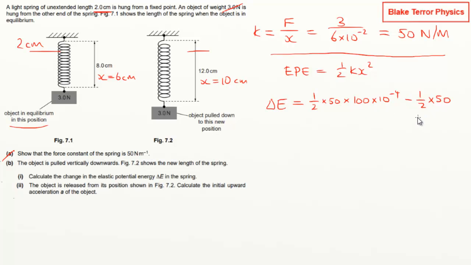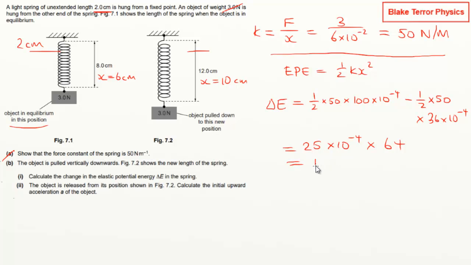And then we've got half times 50 times, so 6 centimeters squared would be 36 times 10 to the minus 4. So that is going to be 25 times 10 to the minus 4 times 100 minus 36, which is 64. Well, 25 is 100 over 4.